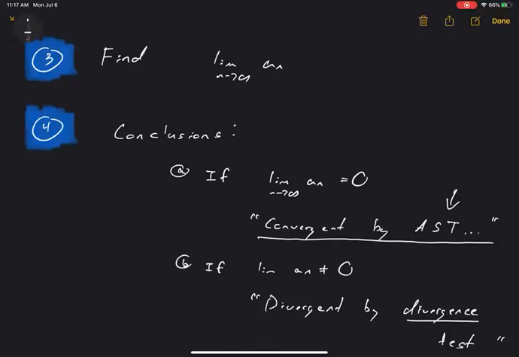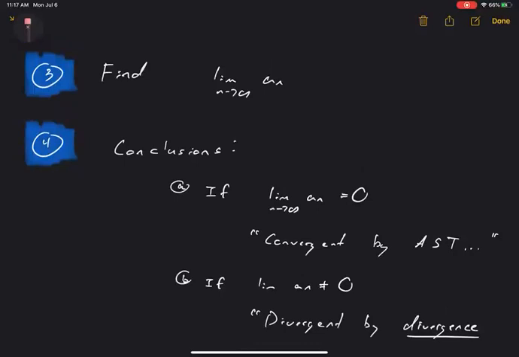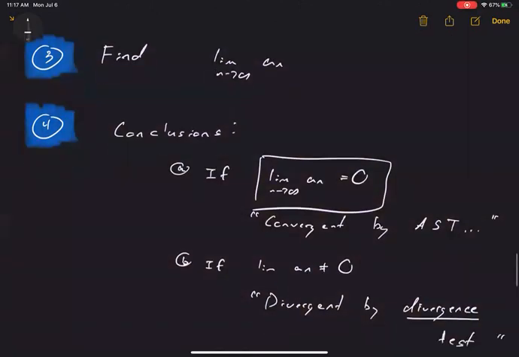On your own work, especially on tests, go ahead and write out alternating series test, right? We're in this chapter where being wordy is a good thing. If you're ever in doubt, write more. So again, if the limit of these ANs is equal to 0, our series is going to be convergent by alternating series test. What if that limit is not equal to 0?